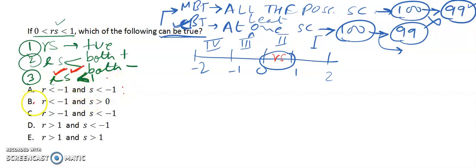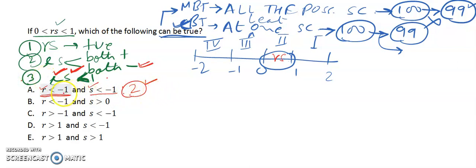So with this information in mind, let's analyze each option one by one. Option A says R is less than -1. That means R is negative. Fine. S is less than -1. S is also negative. So the second condition is satisfied. They both are negative, same sign. Now we have to check whether RS is less than 1 or not.